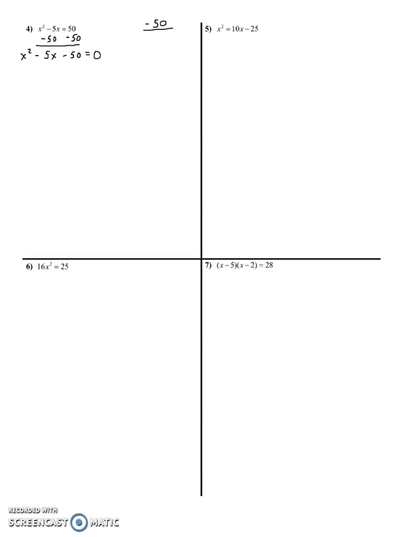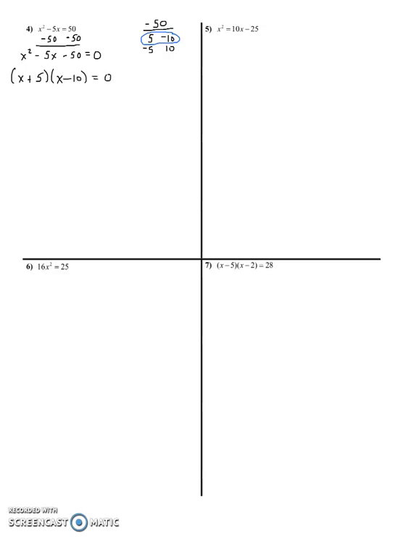So let's see, we could have 5 and negative 10, negative 5 and positive 10, and I think that actually covers us because 5 plus a negative 10 gives us that negative 5 that we need. So that means that this factors into x plus 5 times x minus 10.